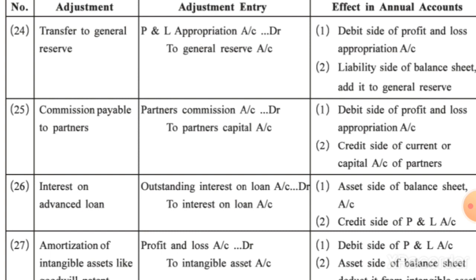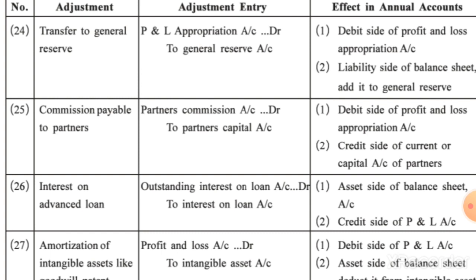Next one, that is interest on advanced loan. Loan has been advanced to any of the partner. Okay, so in that, loan has been advanced to any of the third party. Over here it has not been specified that the loan has been given to any of the partner, so we'll consider it as the third party.